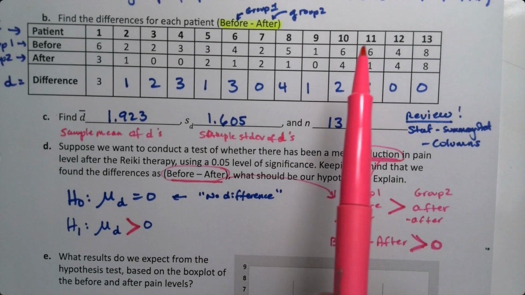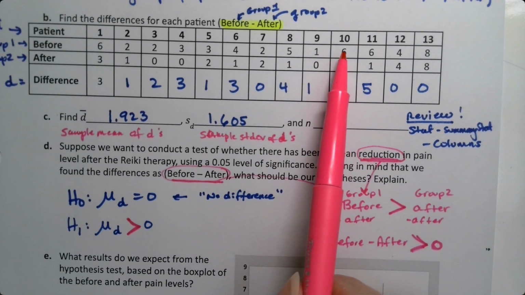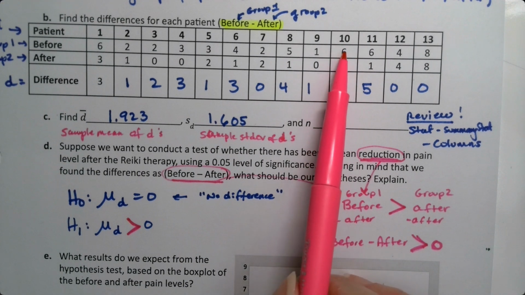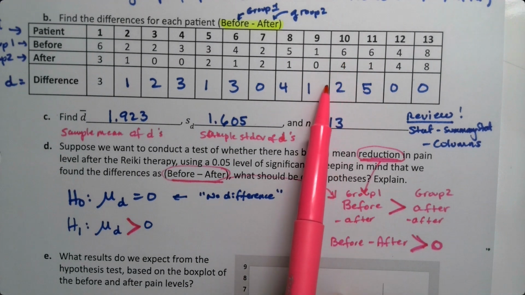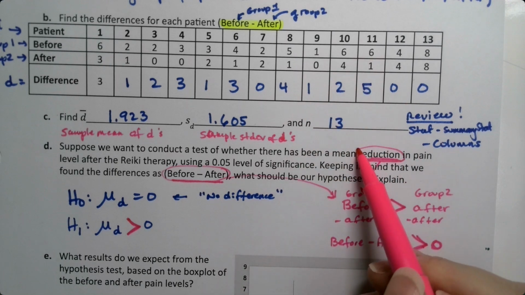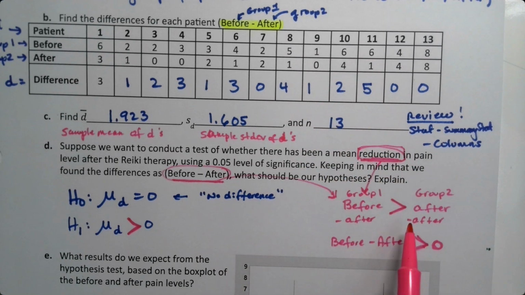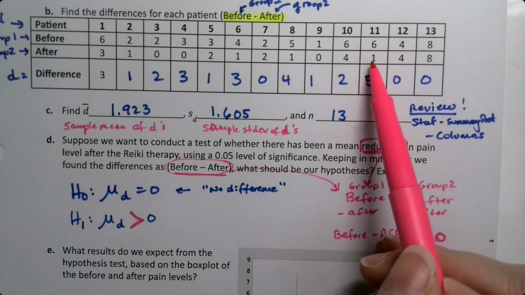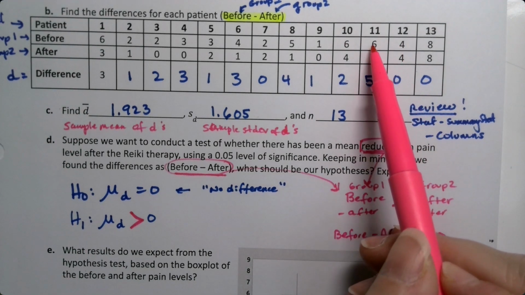So for example, look right here. This patient was at 6 and they went to 4. So their pain reduced, and that's why it's a positive number. Right? Reduction in this case will mean greater than 0. Because when you subtract 6 take away 1, that's a reduction.